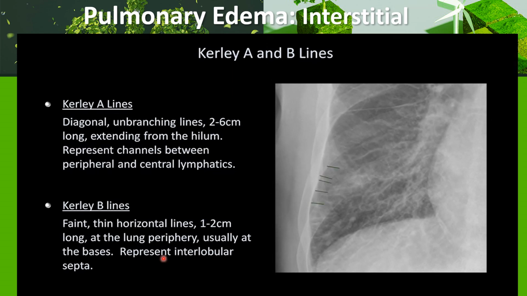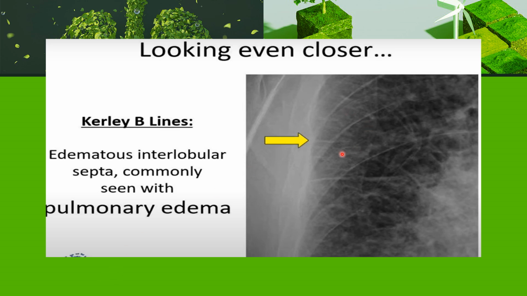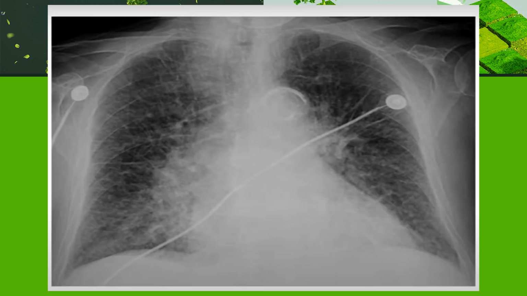Here you can see straight horizontal lines at the periphery, thin, only 1 millimeter in thickness and 1 to 2 centimeters in length. Here is a close look with multiple straight lines. So these represent the second feature of interstitial edema.